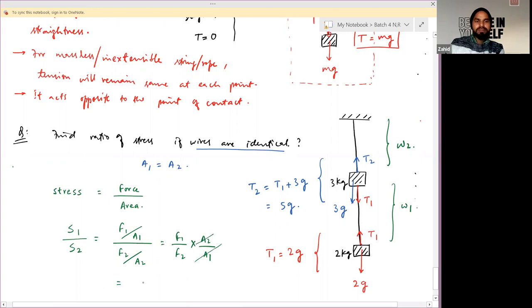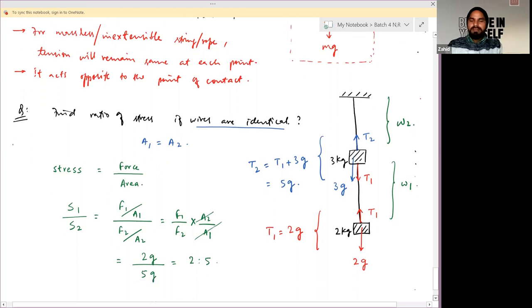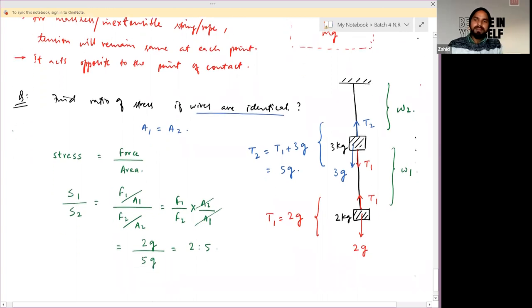Just put these values. So F1 will be equal to T1, that is 2 times gravity, and F2 is equal to T2, that is 5 times gravity. Gravity gets cancelled out, so ratio will be 2:5. Is it clear? Yes, sir. Yes, sir.